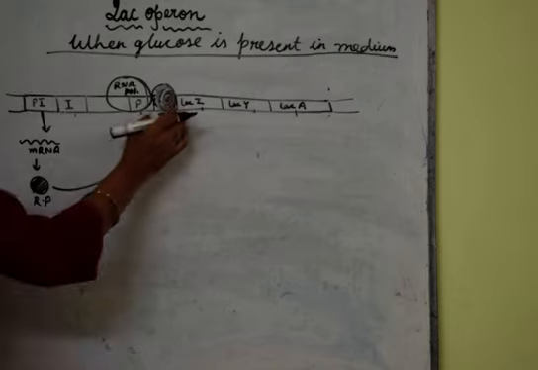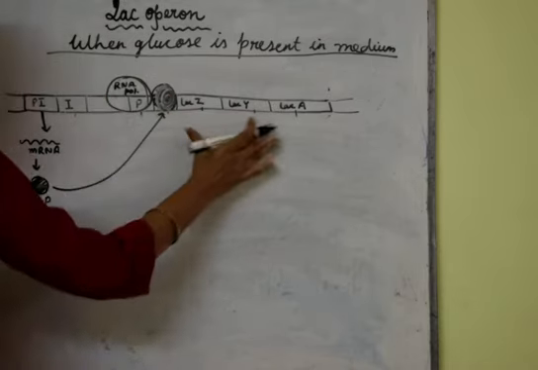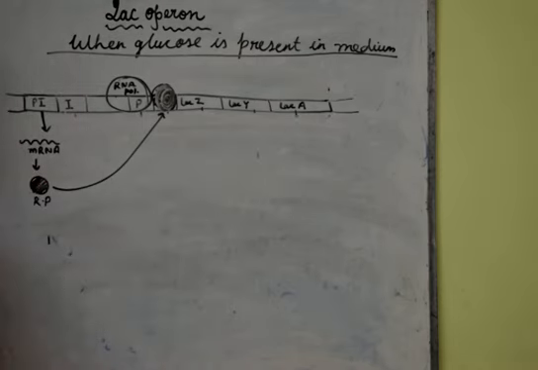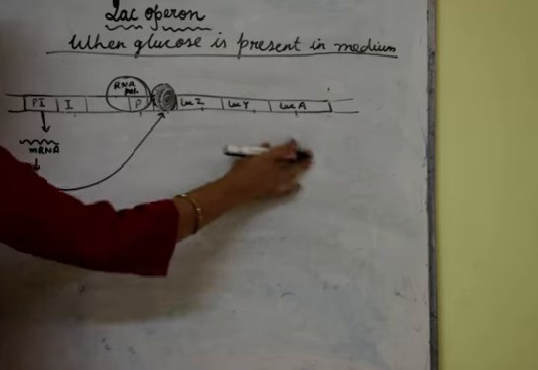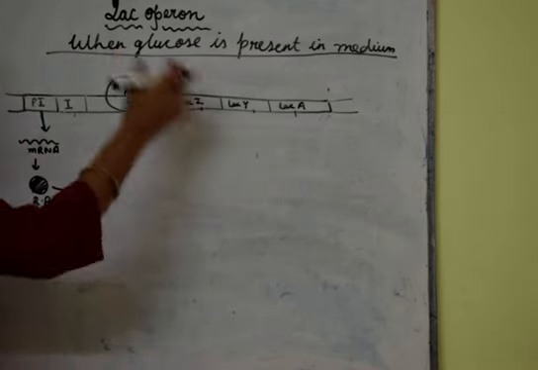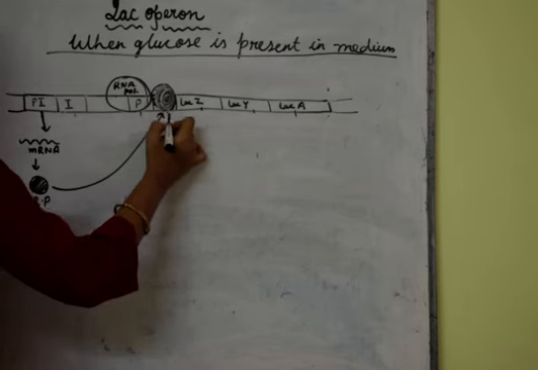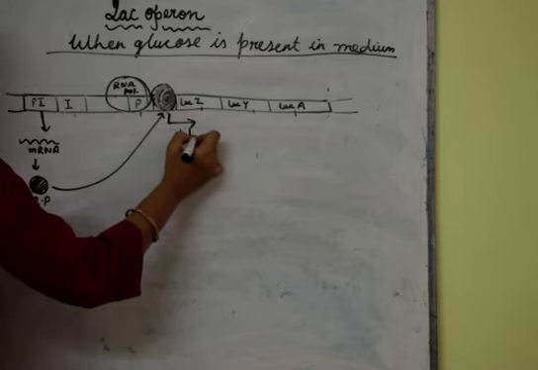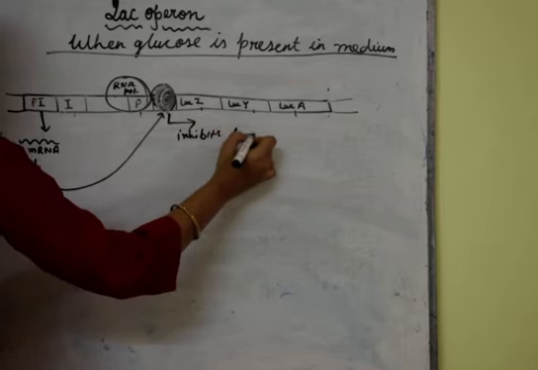Now, because the repressor is present here, the RNA polymerase cannot move over these structural genes to produce enzymes, and hence no enzymes will be produced from the structural genes, and the operon will remain stopped. This repressor inhibits further transcription.